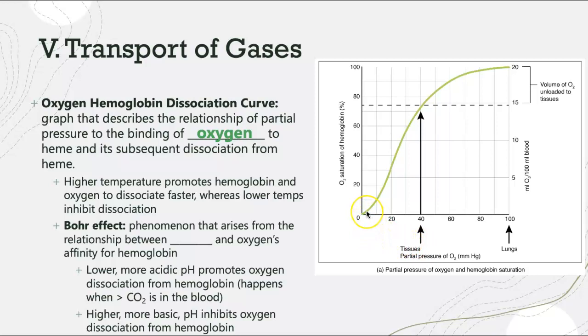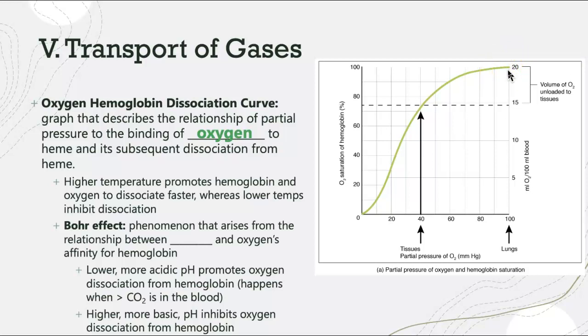We are going to see that as we have an increase in our oxygen saturation, we can see within our tissues that this is a bit lower, but as we move into the lungs, we have a higher saturation of that oxygen.